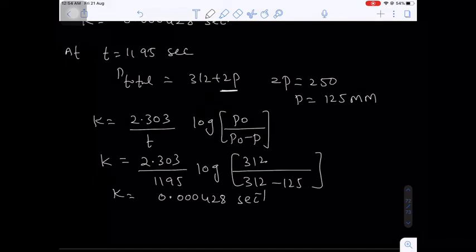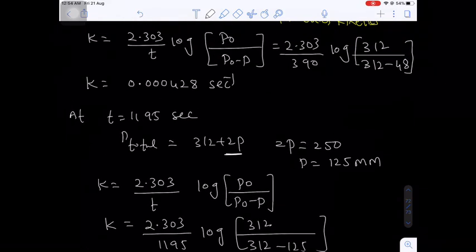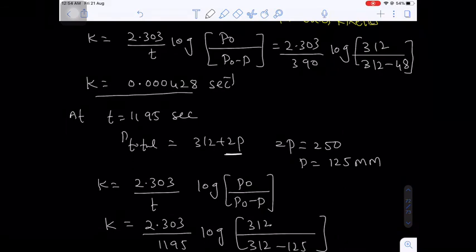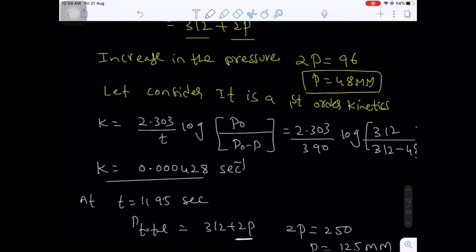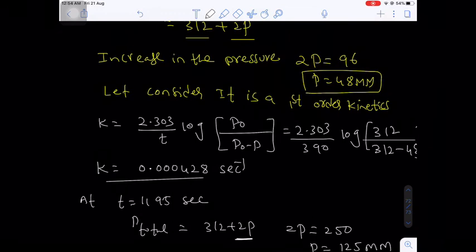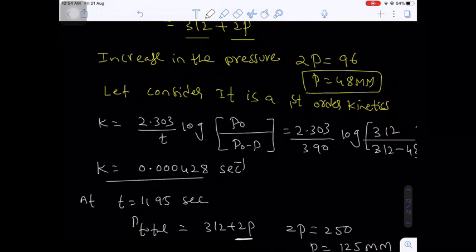that is equal to 0.000428 per second. Remember, when you are calculating the rate constant, if you get the rate constant k value at least 2 times the same, then this reaction follows that particular order, that is first order kinetics. If it is not following this rate constant expression, then go for zero order, or go for second order, etc. Are you getting my point?